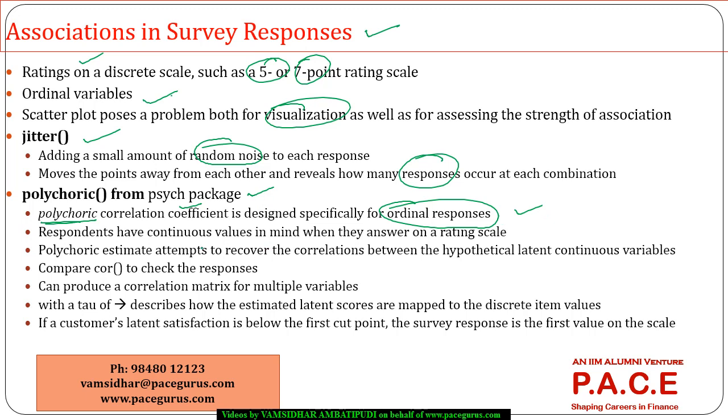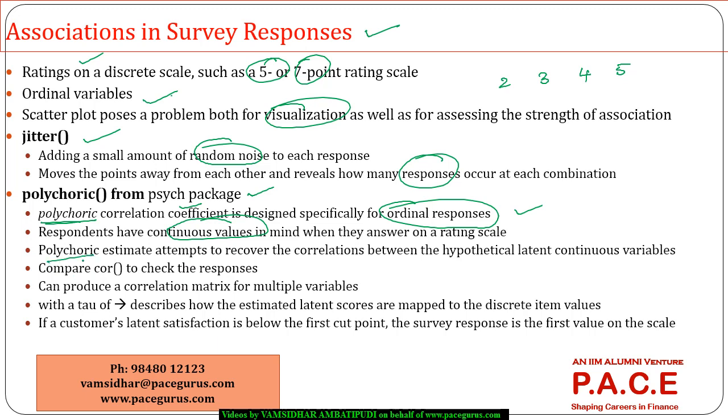What this makes as an assumption is, when someone is giving a 2 or a 3 or a 4 or a 5 on a Likert scale, they have some kind of continuous value in their mind. But because they can't give that continuous value, they try to find the closest thing associated with these values and then give either 3 or 4 or 5.